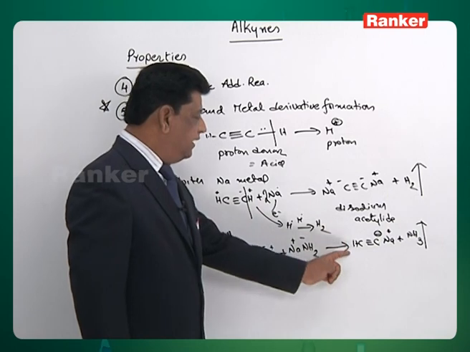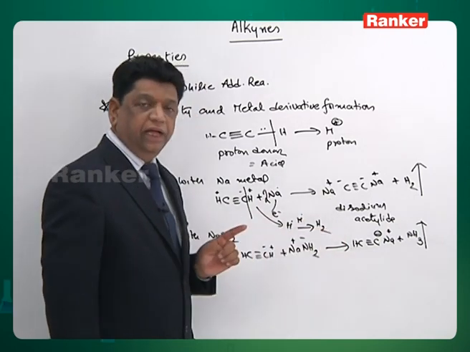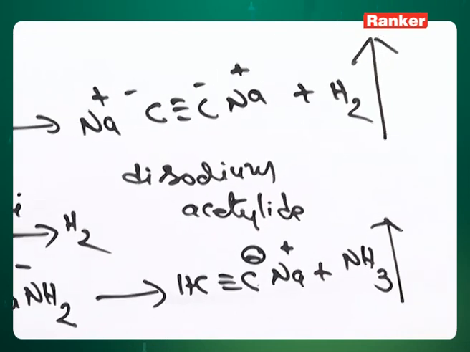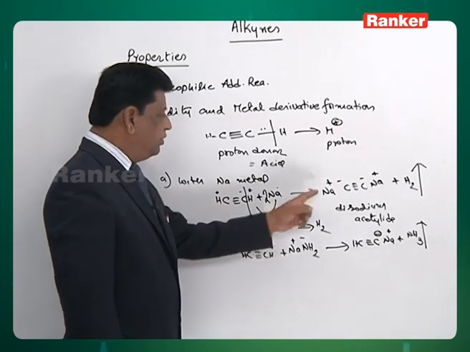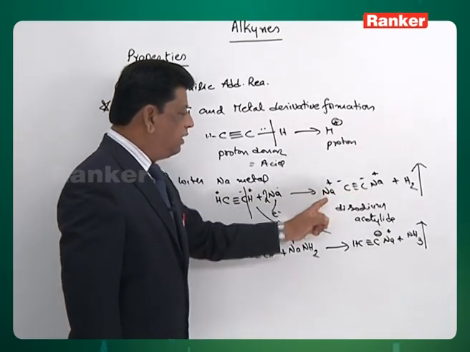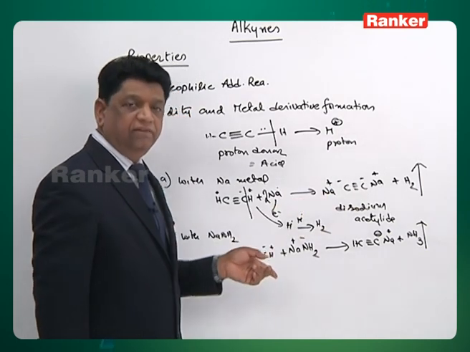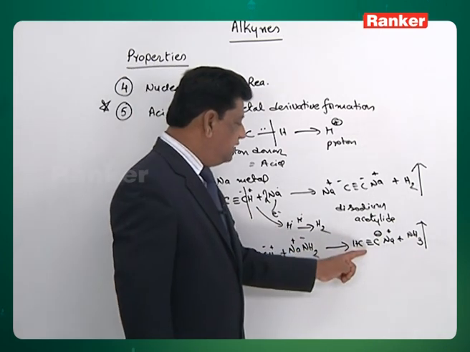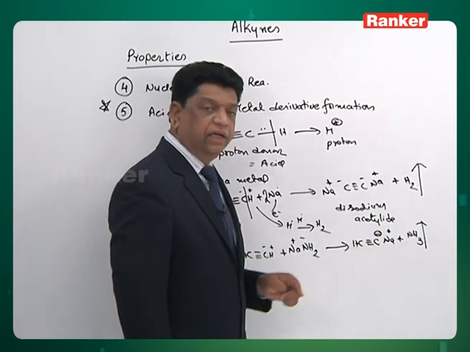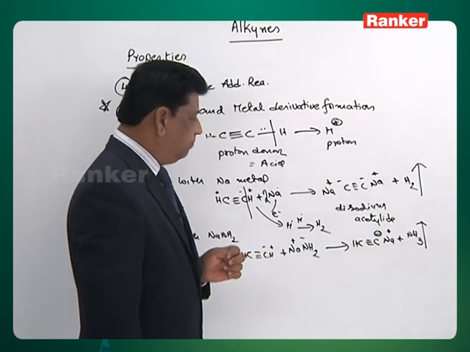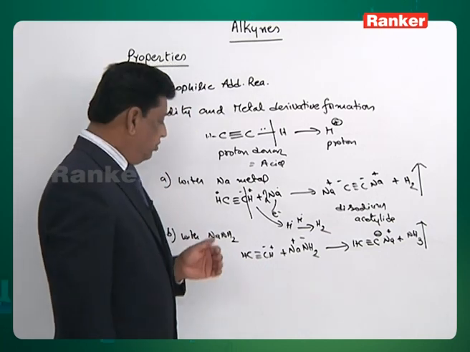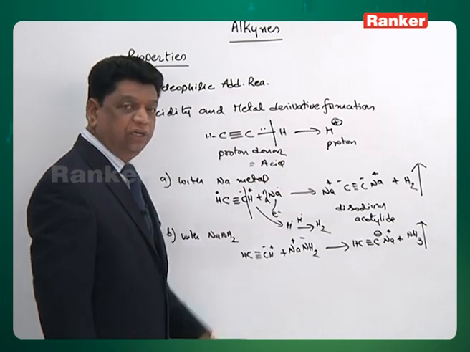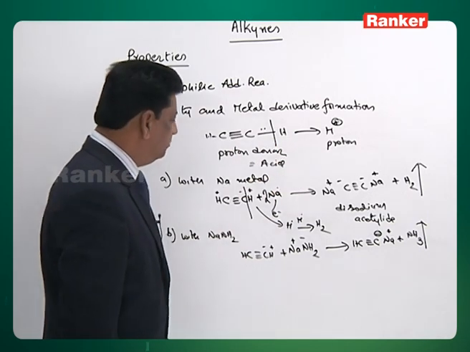Both these salts we use in the application of converting lower alkynes into higher alkynes. If the disodium salt is treated with methyl chloride, methyl will come on both sides, and it is converted into 2-butyne. If the monosodium salt is treated with methyl chloride, one methyl will come, and propyne can be prepared. So ethyne can be converted into propyne, ethyne can be converted into 2-butyne and so on.